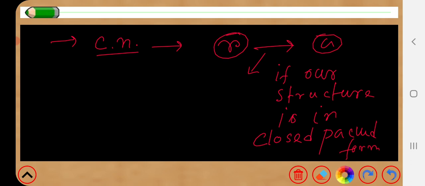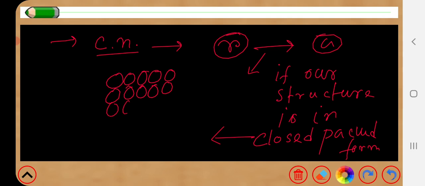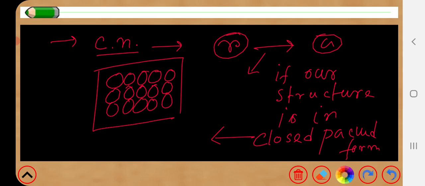What do you mean by the closed packed form? Where the atoms, the constituent particles of the crystal structure, are so close that we can think they are touching each other. Although this is not possible in reality, there must always be some separation between two atoms, but they are so close that we can think the atoms are touching each other. This is known as the closed packed form.